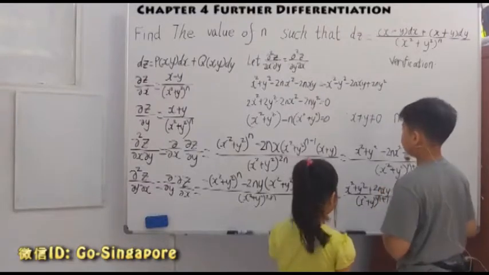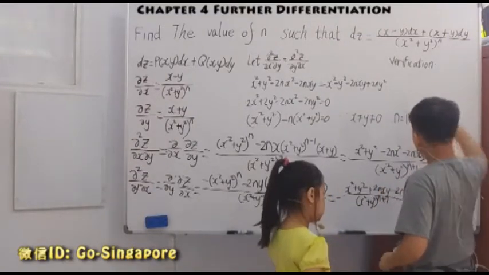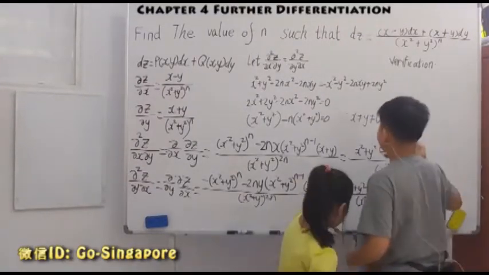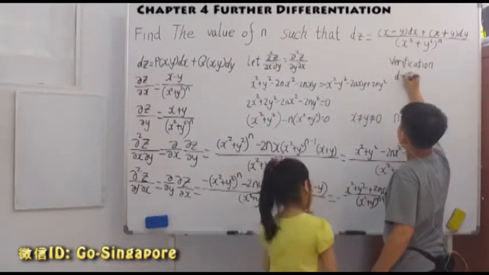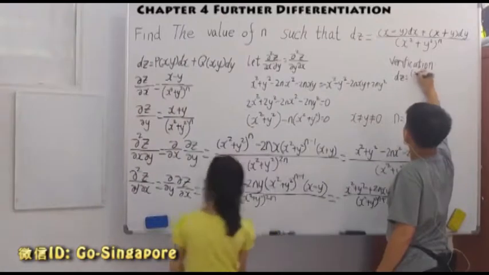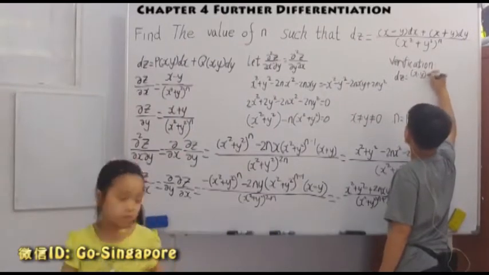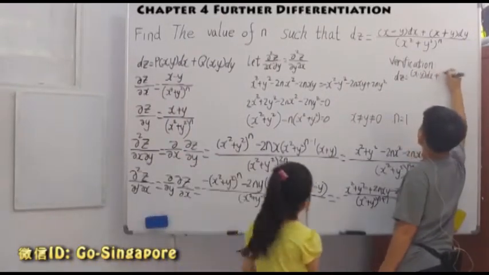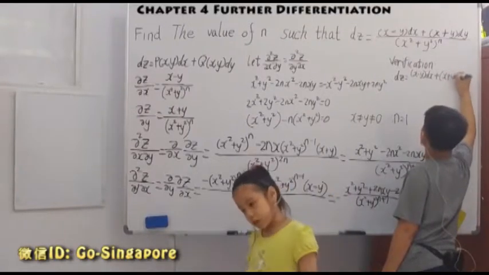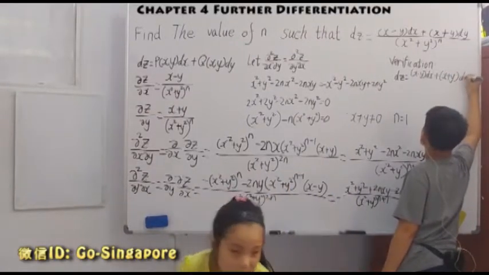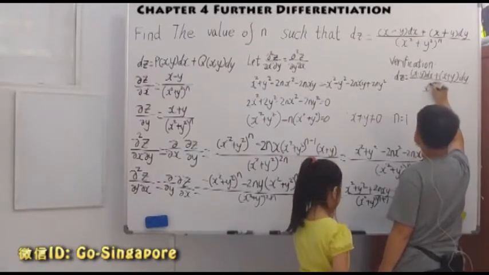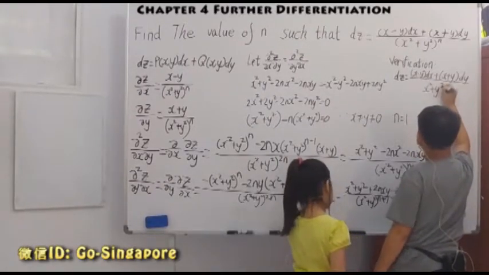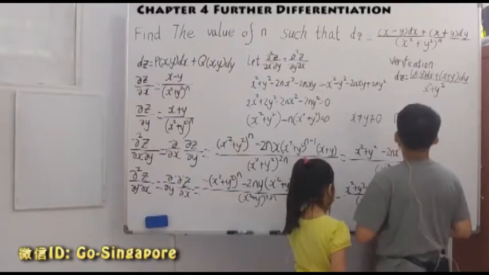Verification. This verification is that we'll just sub the n in. Do everything all over and sub the n in. So it will be easier this time. Like this.